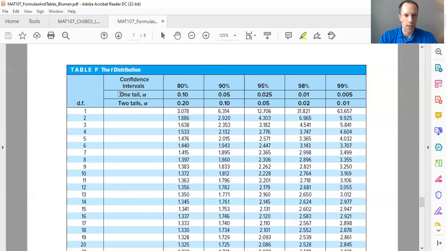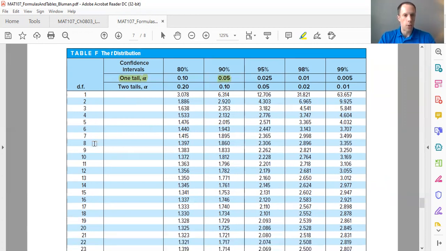Now here we're doing a one tail test. It's a right tail test in particular. So we look at this row for one tail test and we find our alpha value, which is 0.05 in this case. Now we have to go to the rows for degrees of freedom. For confidence intervals, degrees of freedom was n-1. Well, for hypothesis testing, it's the same thing.